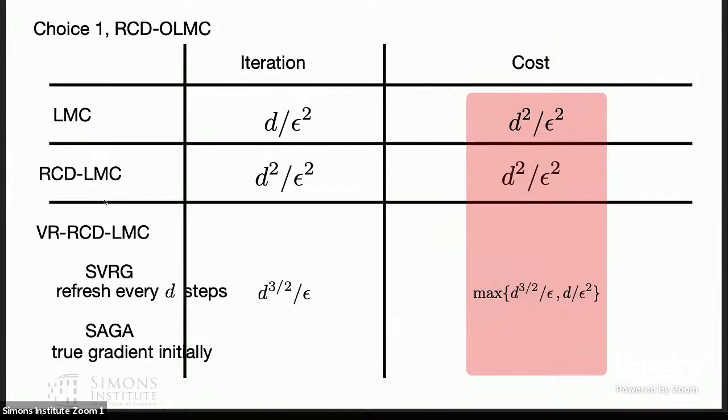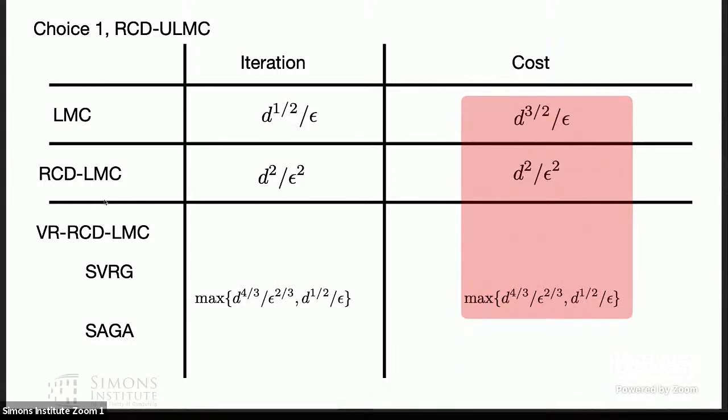For the overdamped case, in terms of cost, if you just replace the gradient by the partial derivative, the cost is not reduced. However, if you incorporate the variance reduction technique into random coordinate descent LMC, this is your cost. In both d dependence and epsilon dependence, it's improved. The same story can be said for the underdamped.